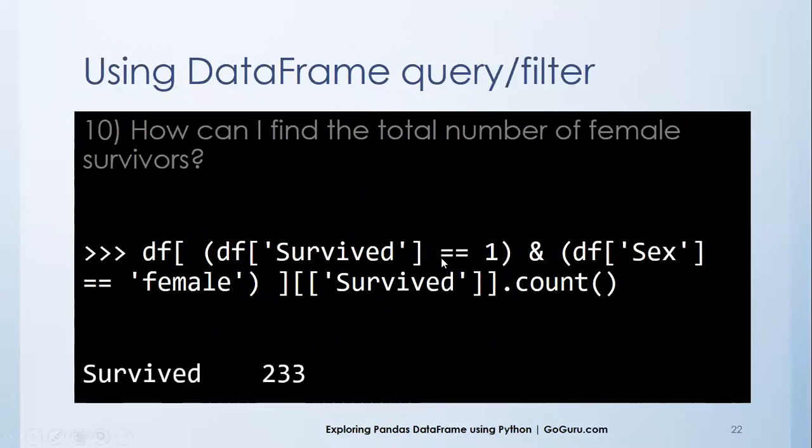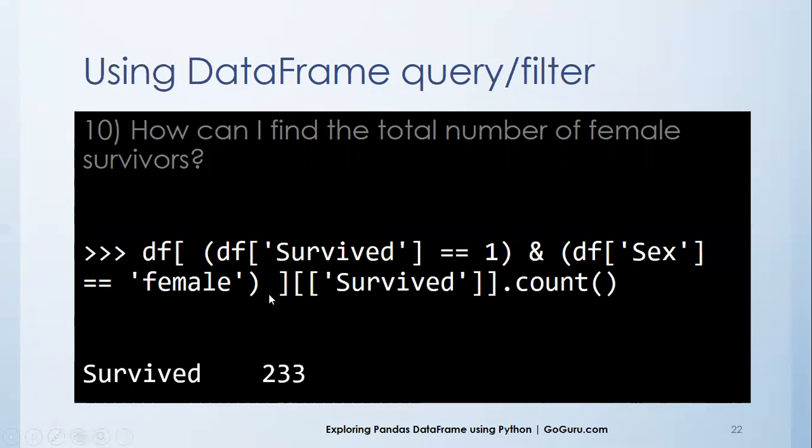10. How can I find the total number of female survivors? So the command to do that is, first you need to look at, there are two filters to it. One is you want to look at the survived count, which is the value for survived is 1. And then you have to look at the sex female. So the command that we do is df.survived is equal to 1 and df sex is equal to female.